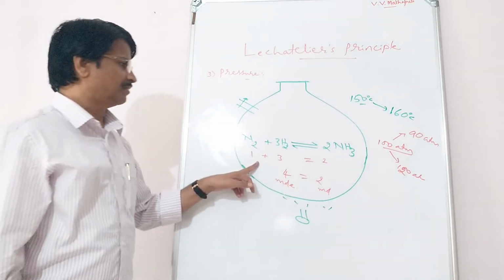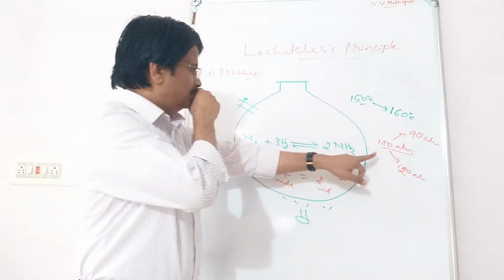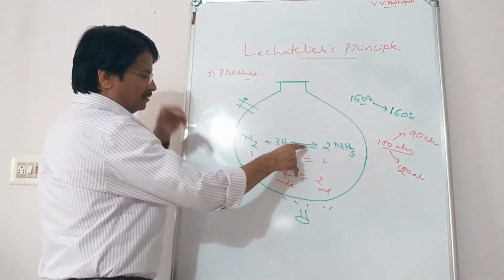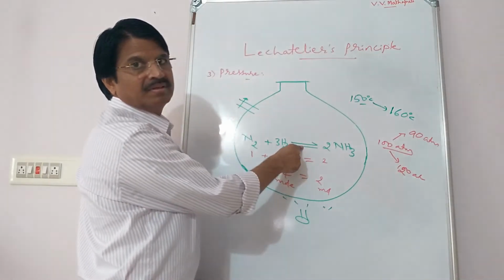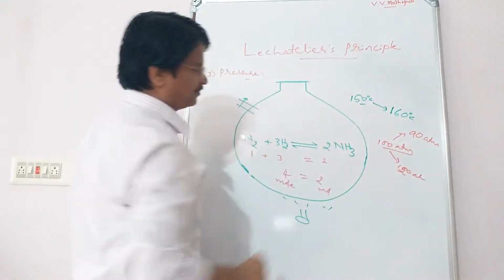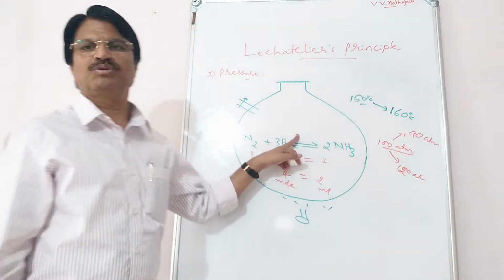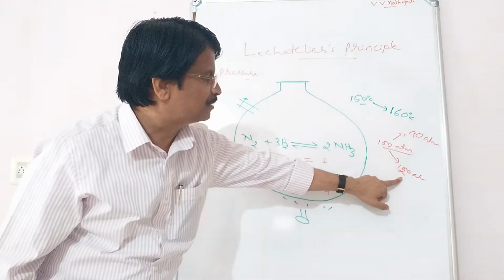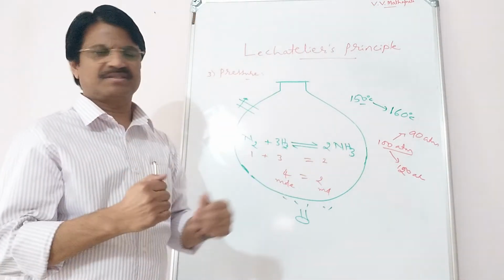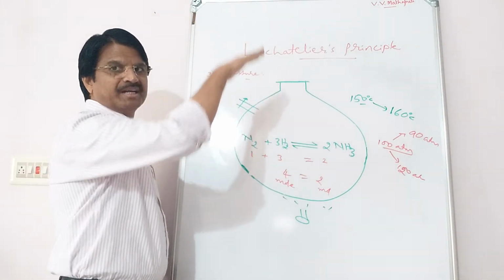Then, consider we are increasing the pressure at equilibrium, about 100 to 120. Then the system tends to reduce that extra pressure and reaches 100. But how does it reduce? The increased pressure should be reduced.